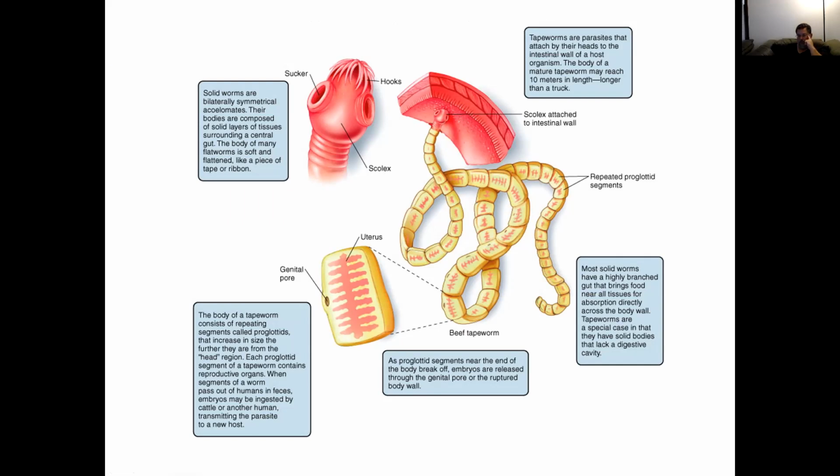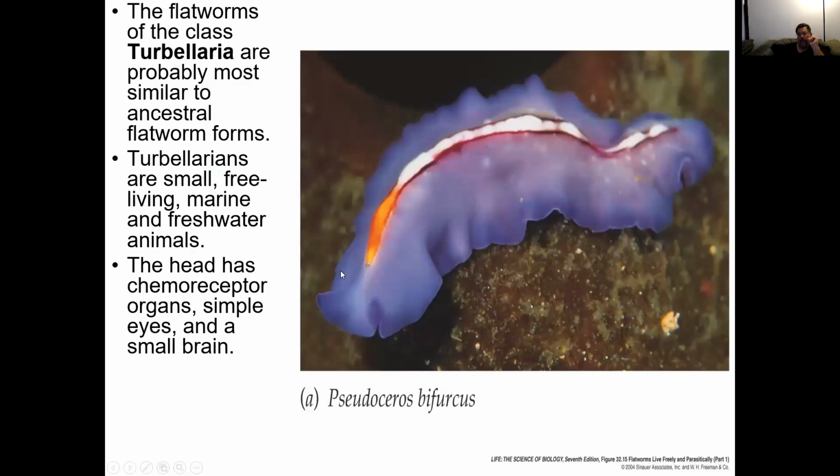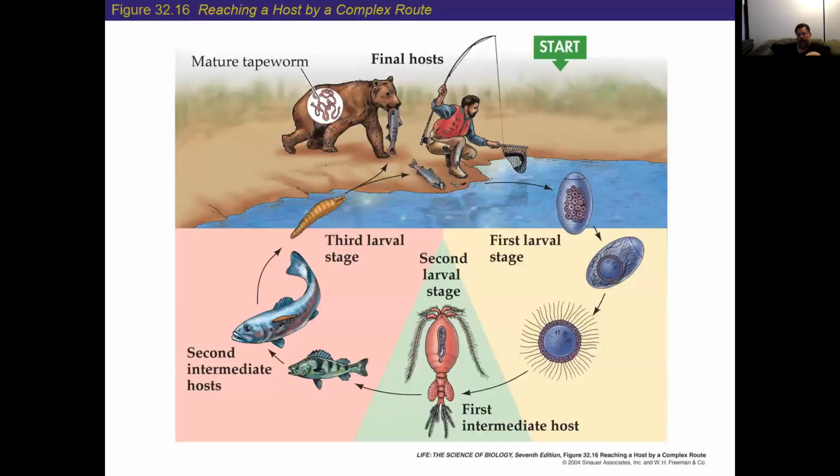That's how it works. And these proglottid segments then can break off, form a new head or whatnot. And then ultimately I'll go through the life cycle, what's pooped out, and we go back to that previous slide and we'll have this life cycle for tapeworms.